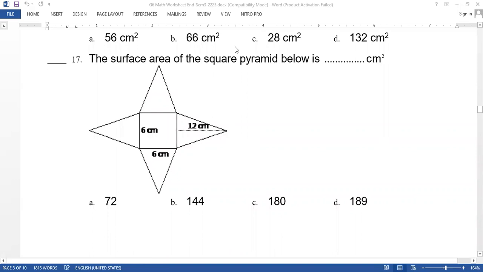Question number 17. The surface area of the square pyramid below is, now as I mentioned, we are dealing with 1 square and 4 triangles.